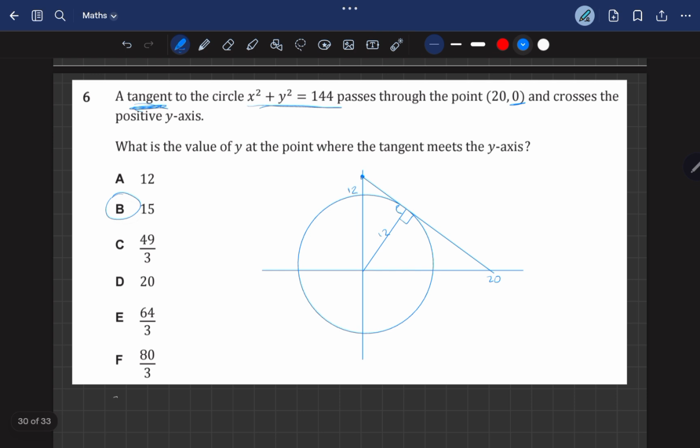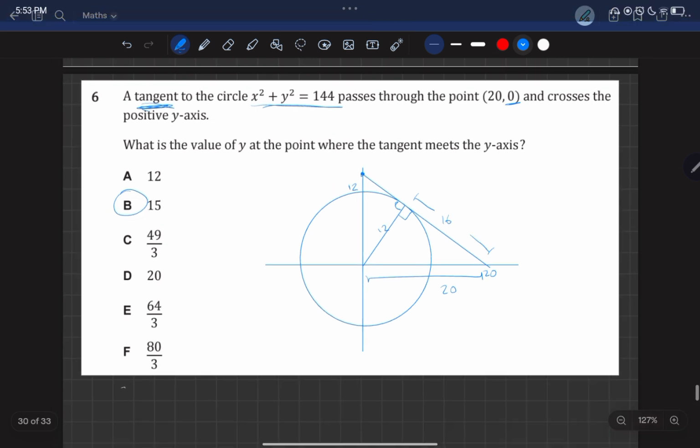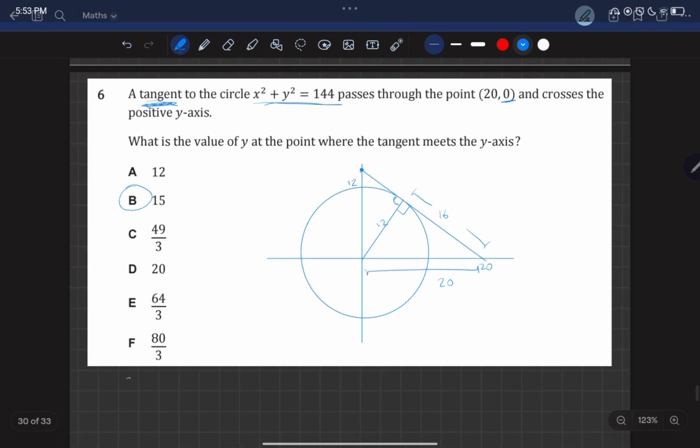Okay, we know that this length is obviously 20. And by using Pythagoras, we can work out that this length right here is 16. The reason we know that is because 20 squared is 400, minus 12 squared, which is 144, is equal to 256. And the square root of 256 is 16.